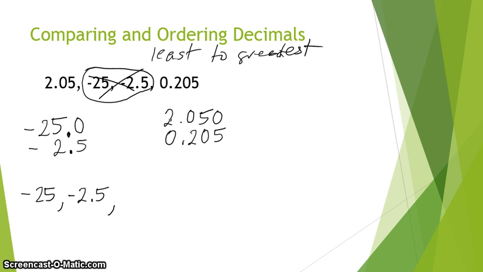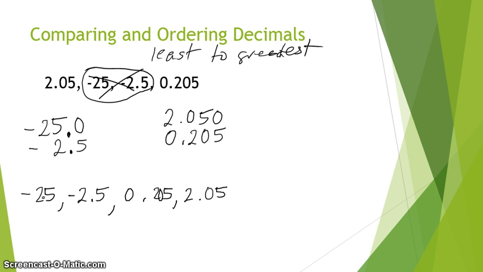So which one is smaller, 2 or 0? 0 is smaller, so I'm going to write 0.205 next, and then 2.05. Notice how I'm writing them the same way that they appear up here, instead of how I wrote them out here in order to make lining up easier.